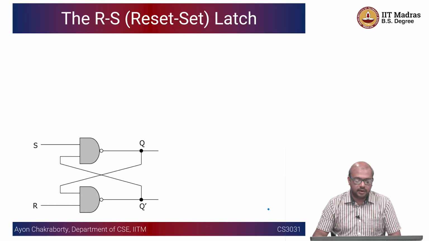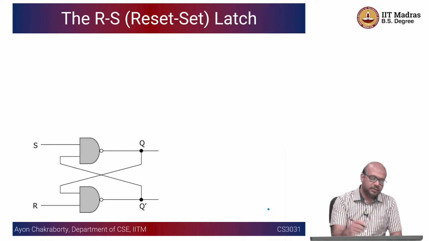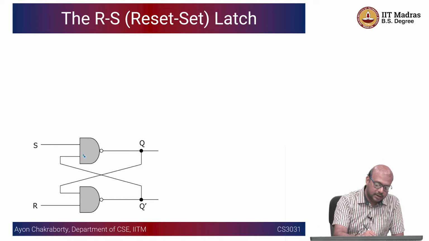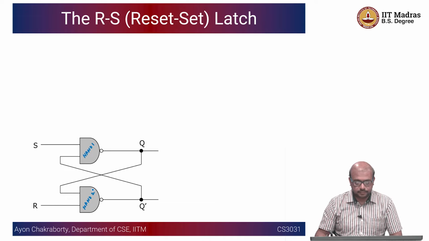And you have not cross-coupled inverters, but cross-coupled NAND gates. There is a NAND gate on the top, this is NAND 1. This is another NAND gate, NAND 2, and they are cross coupled with each other.